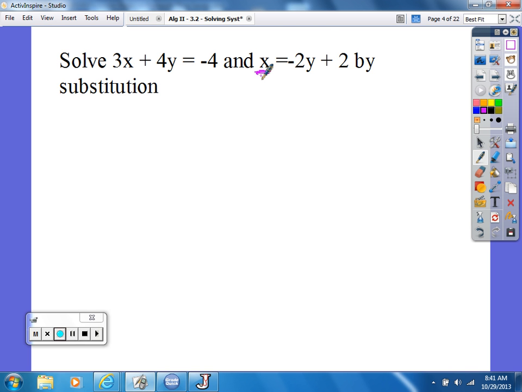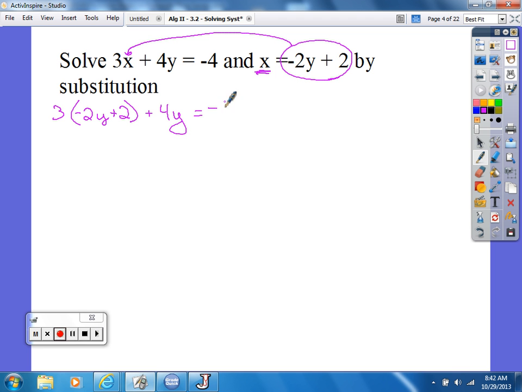So what I'm going to do is replace the x over here with the negative 2y plus 2. I'm going to replace it completely. Now, in order to replace it, I'm going to put parentheses around it. So negative 2y plus 2. And I'm going to write the rest of the equation. Plus 4y equals negative 4.